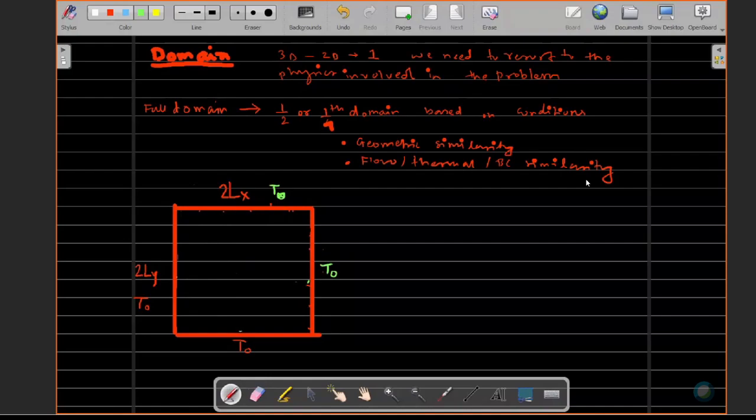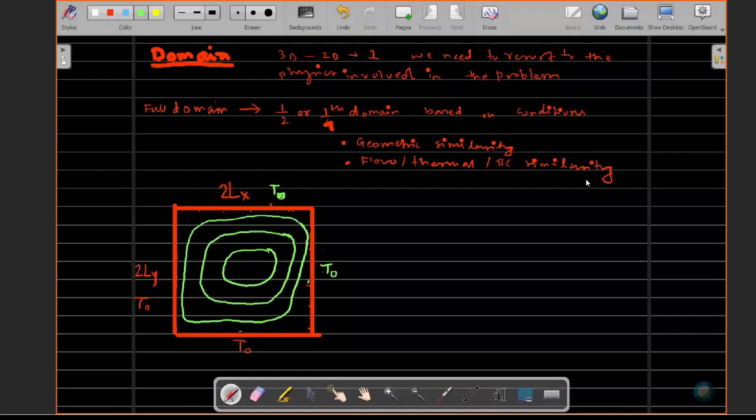So if you see, the flow of the heat will look like this. This will be nice. The flow of heat will look like this.